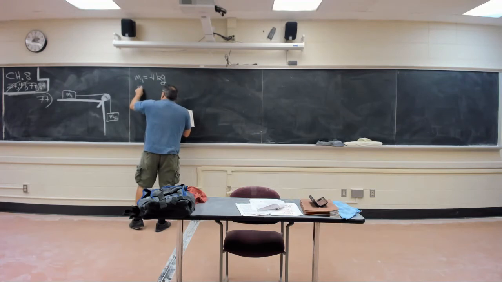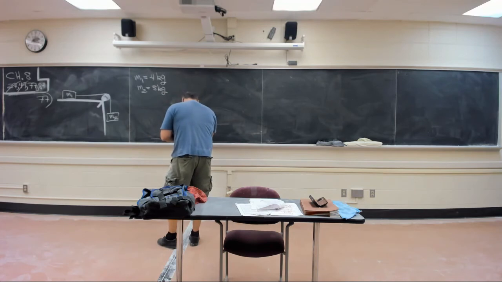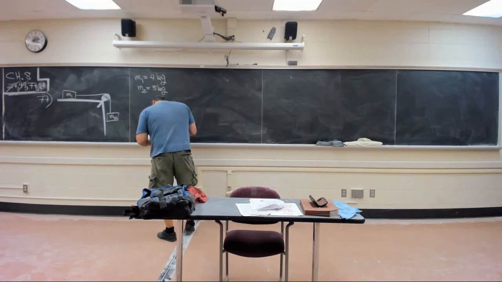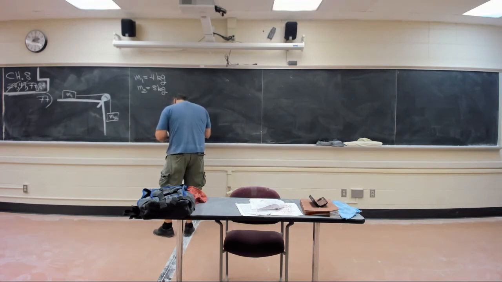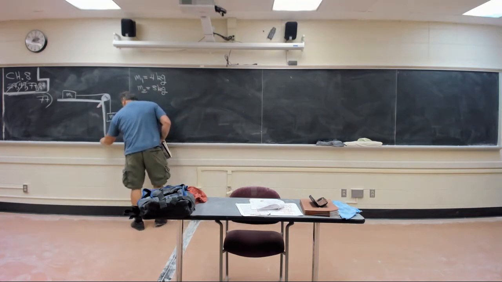M1 is 4 kilograms. M2 is 3 kilograms. The height above the floor is 0.45 meters.